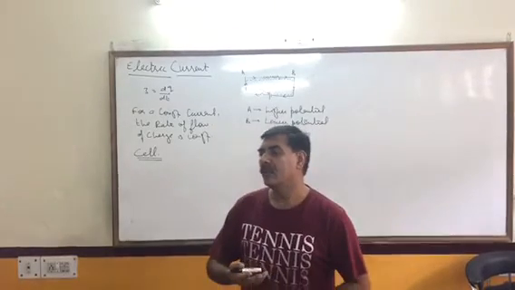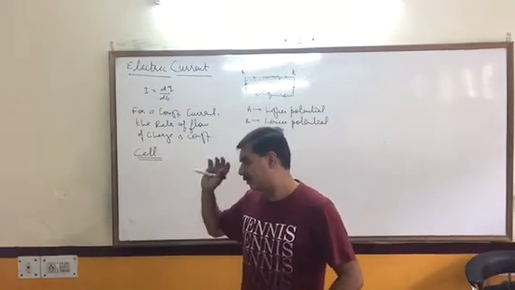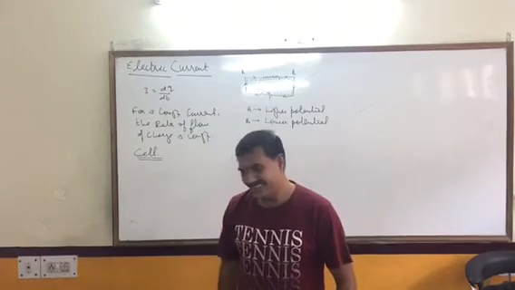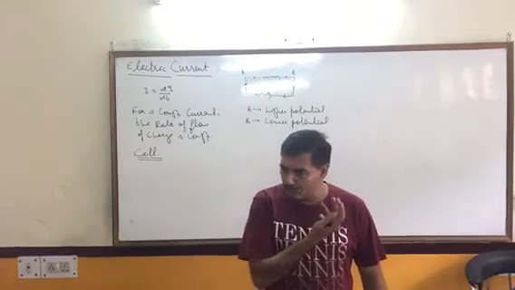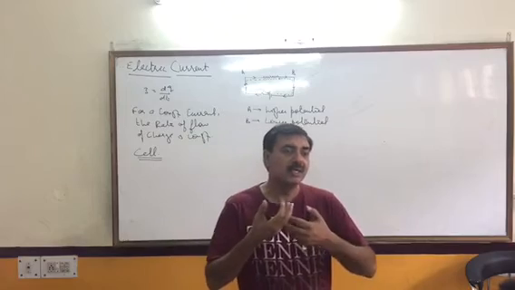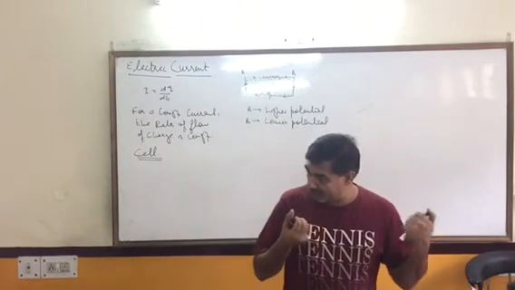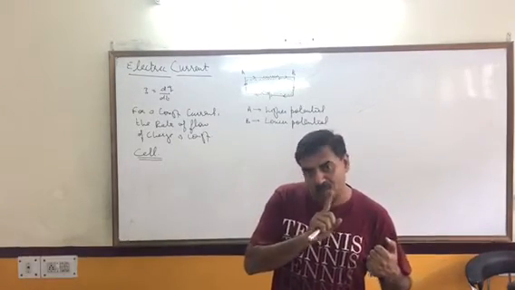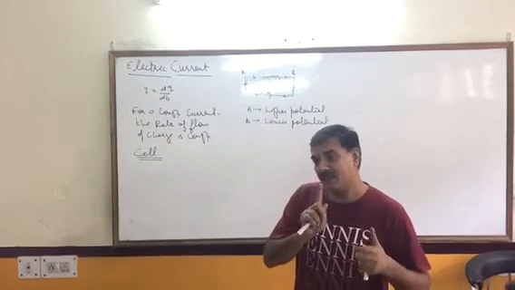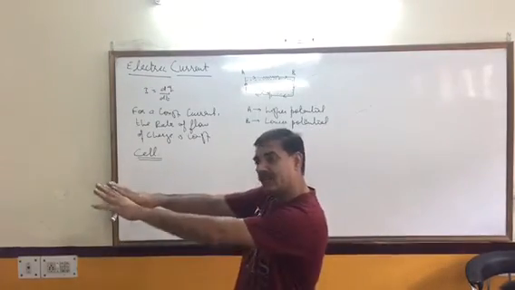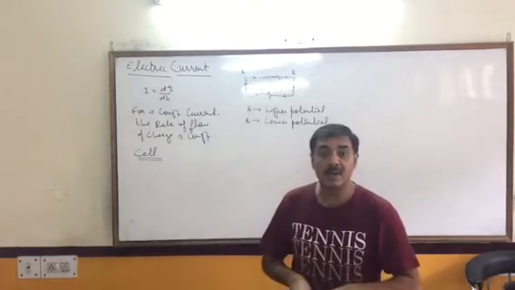Suppose there are some ions moving in dilute sulfuric acid. Okay? The H plus ions would be moving in one direction and the sulfate ions would be moving in the opposite direction. But the current due to both of them will be in the same direction. The positive ions moving in this direction, this is the direction of current.